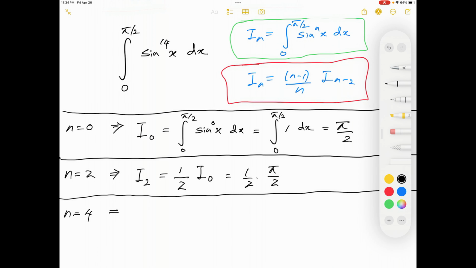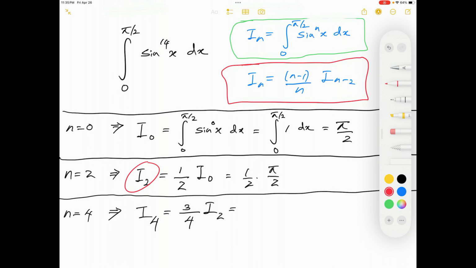Next, we will look at the next smallest even number, which is n equals 4. When n is equal to 4, I can write down that reduction formula: I sub 4 is equal to n minus 1 over n. Since n is equal to 4, 4 minus 1 is 3, and in the bottom I will have a 4, and I sub n minus 2.